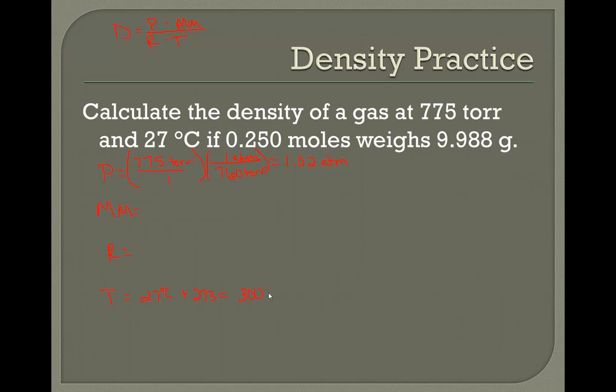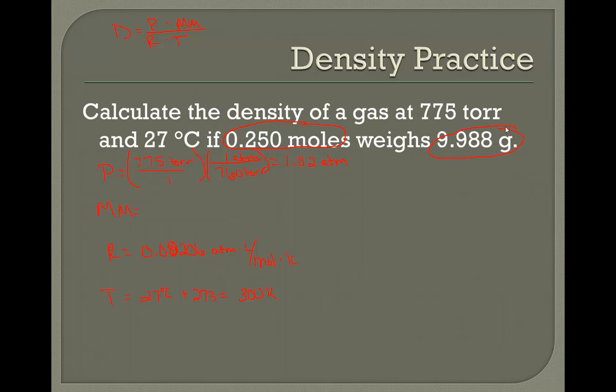Our R is 0.08206 atm liters per moles kelvins. Alright, so we have 0.250 moles weighing 9.98 grams. We don't know what compound it is, so we can't figure out what the molar mass is.